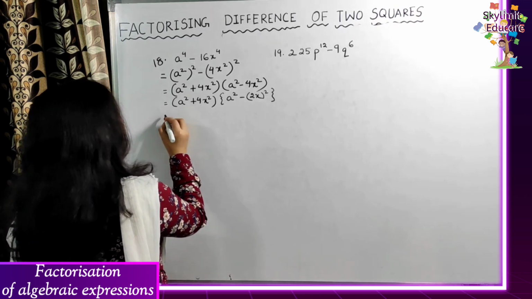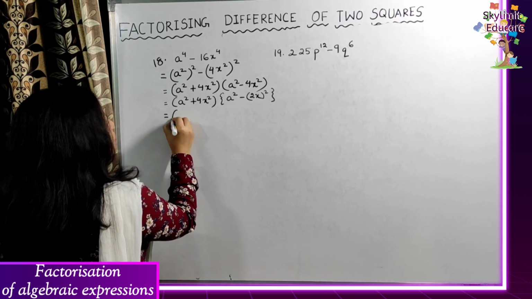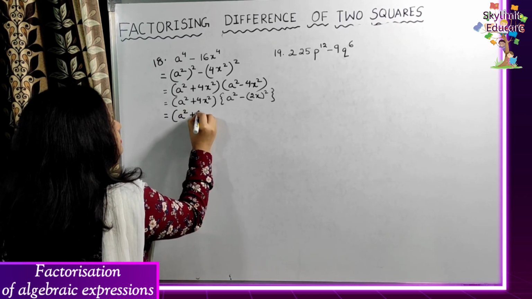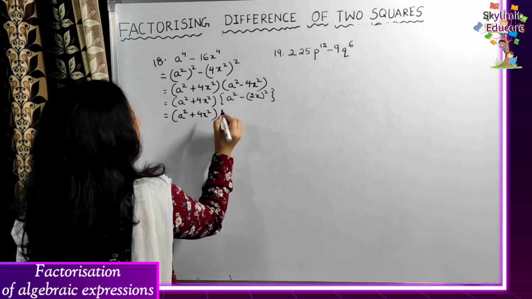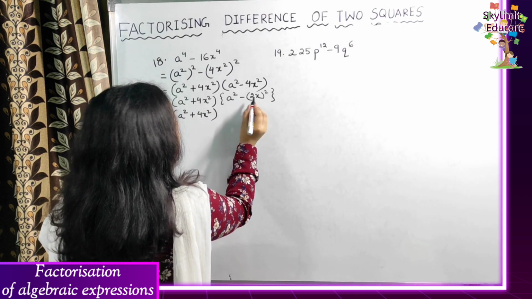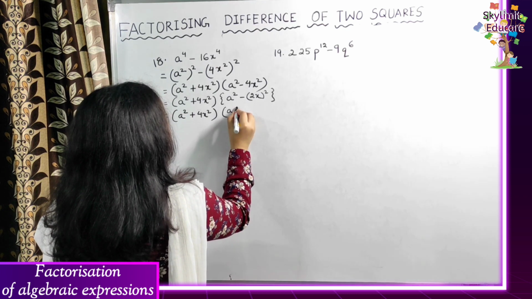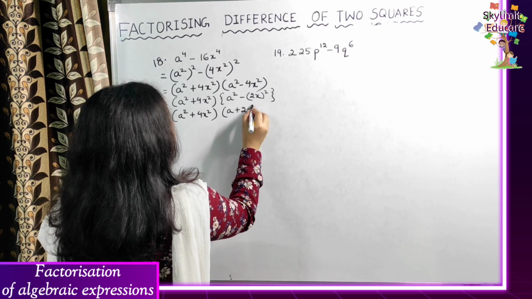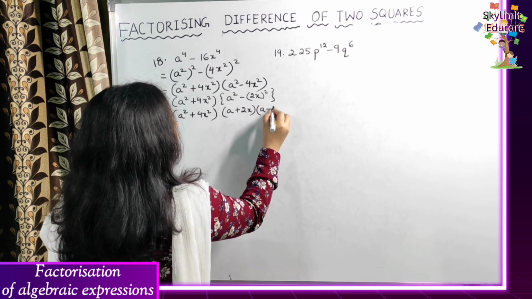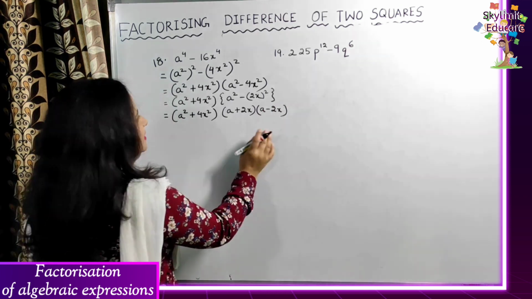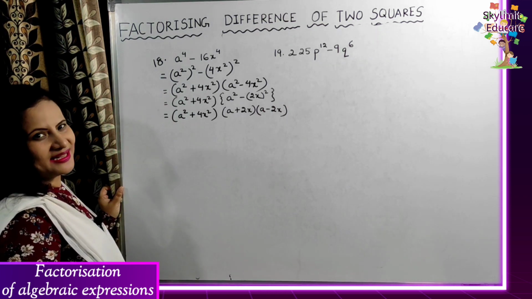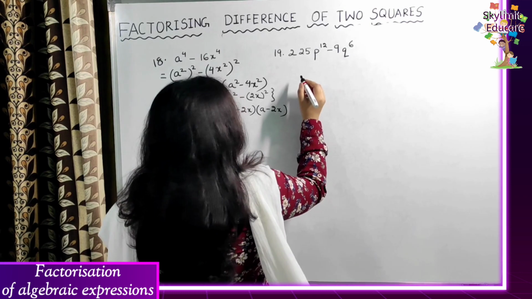So 2x whole square. Clear? So this is a square plus 4x square, and this is a square minus b square. So a plus b multiplied by a minus b. Now this cannot be factorized further. This is the final answer, right? Let's come to the next question.